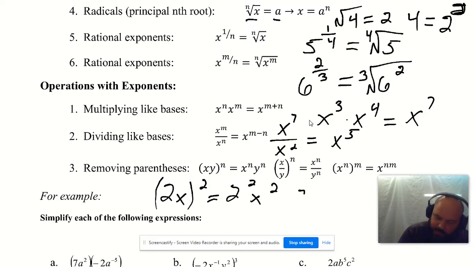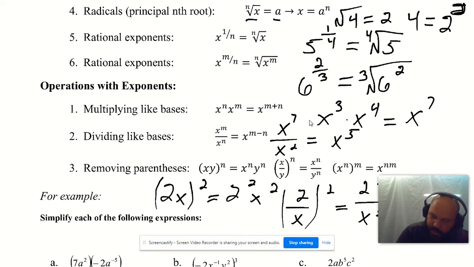If you had 2 over x squared, you could write that as 2 squared over x squared. And the last one shows you that if you have a power to a power, you need to multiply. So if I had 2 to the third, and then all of that to the fourth, that would give me 2 to the 12th power. So you multiply 3 times 4.